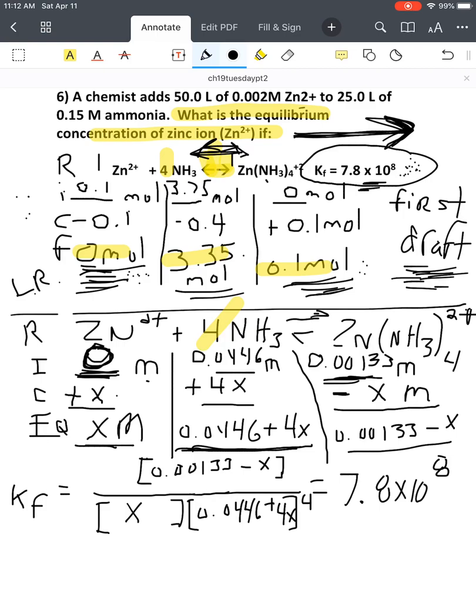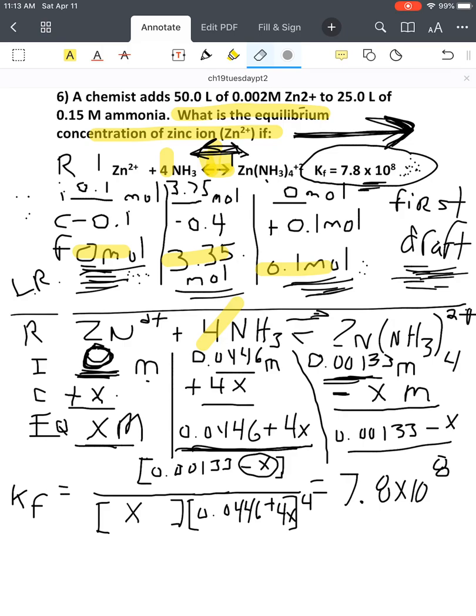All right, now our next goal is to solve for x. So we start to shift to the mathematical portion of this problem. What I'm saying is, in the numerator, there's a number that's added or subtracted to or from x. And that's prime for a chance to make a simplifying assumption, isn't it? We just have to kind of decide if we think x is going to be real small or not.